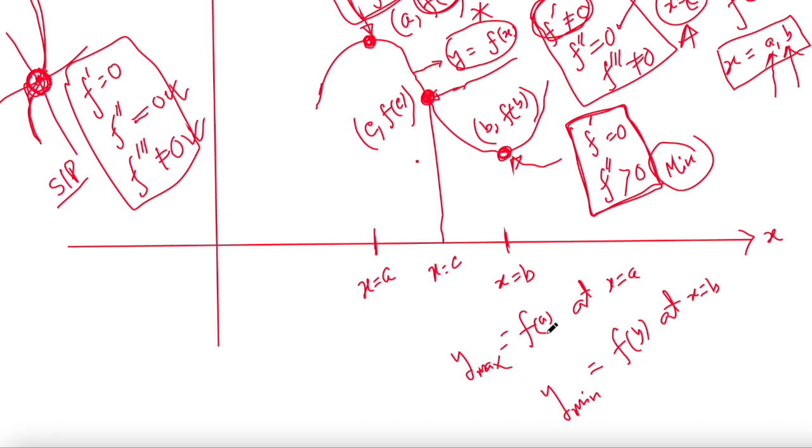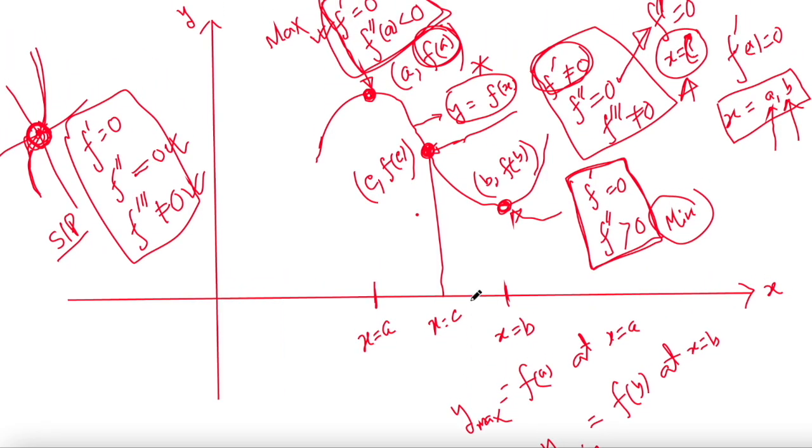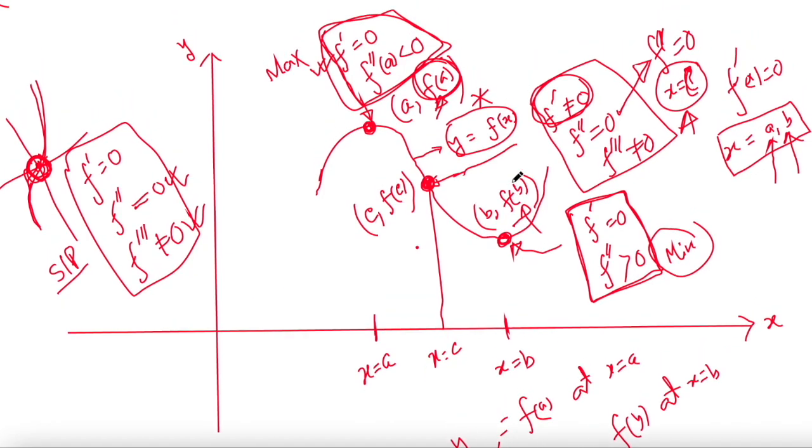If your question tells you to calculate the maximum value of y, then you need to calculate f(a). If it tells you to calculate the minimum value of y, then you need to calculate f(b). However, if your question tells you to calculate the maximum point, then this is the maximum point, and if it asks for the minimum point, then this is the minimum point.